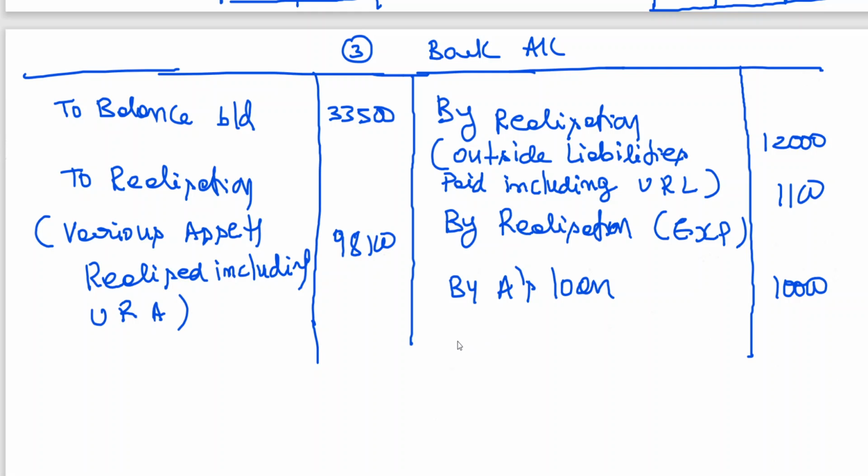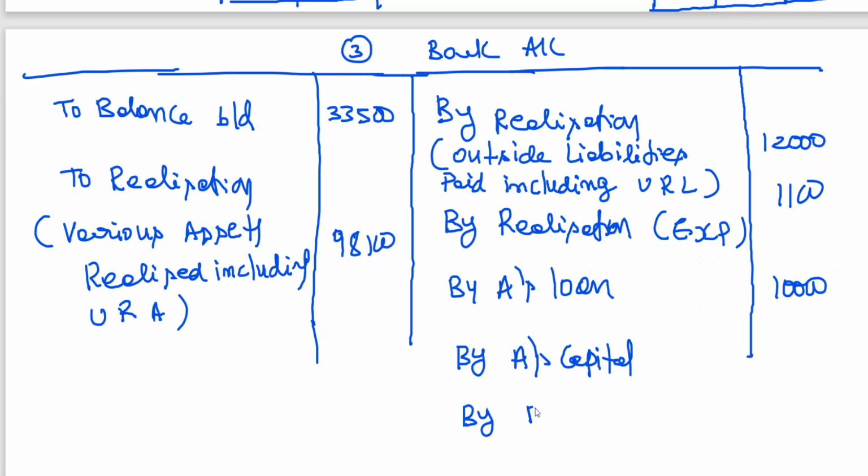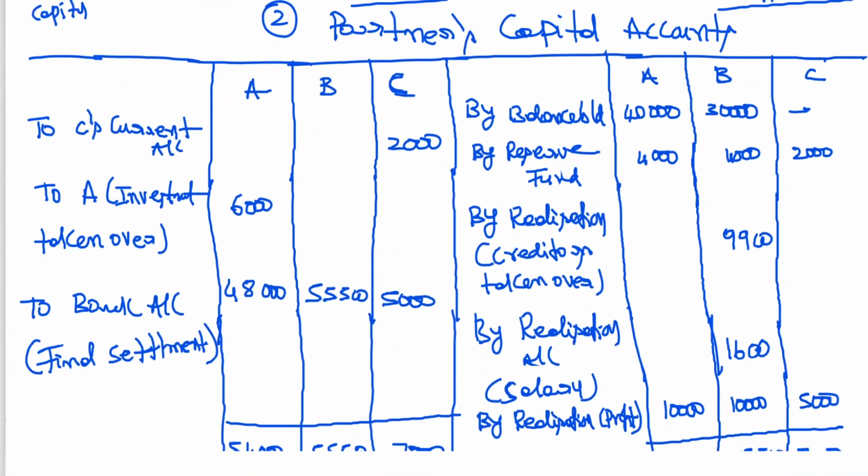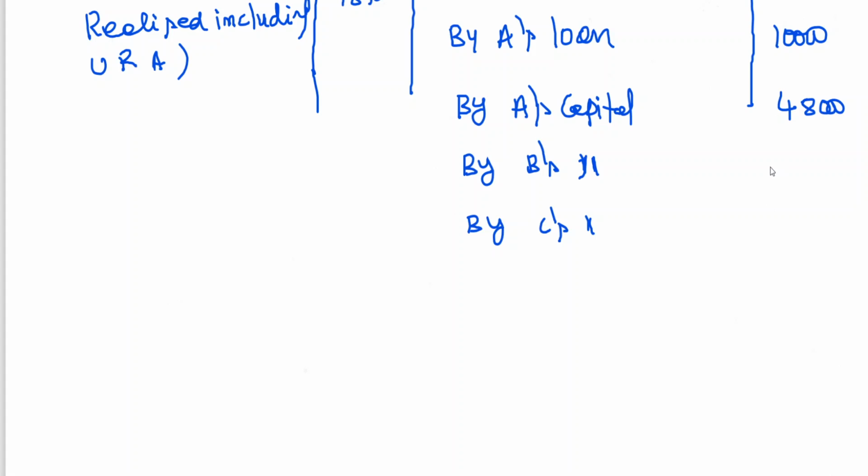We can know when you transfer the amount that is being paid to partners to bank account: by A's capital, by B's capital, by C's capital. A's capital 48,000, B's capital 55,500, C's capital 5,000.